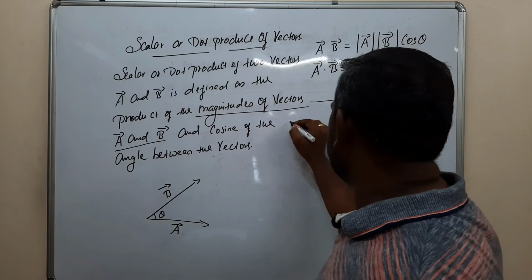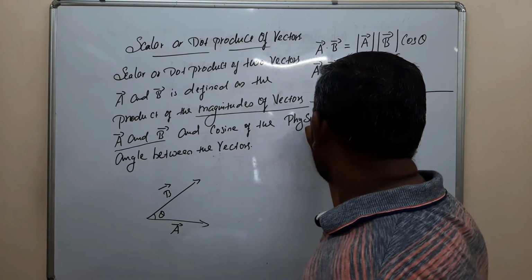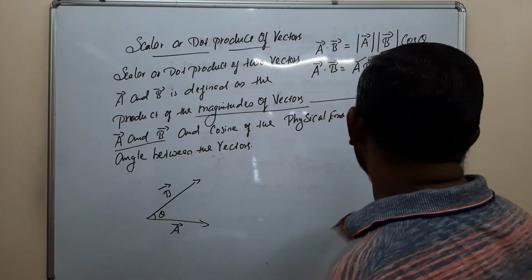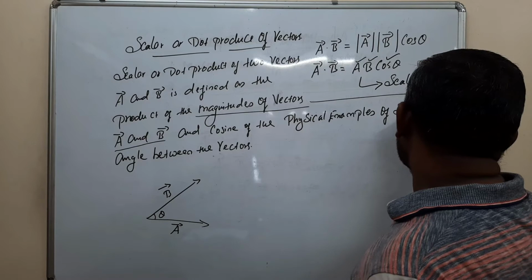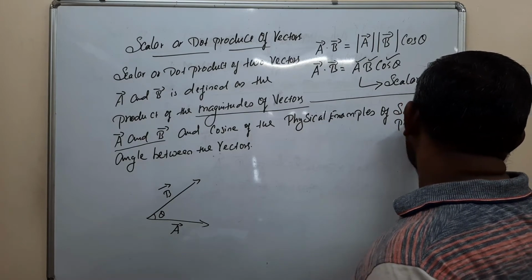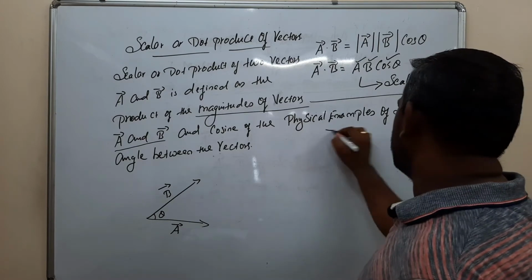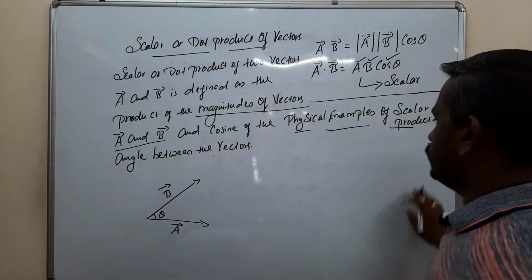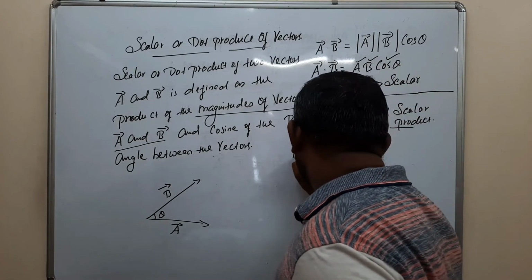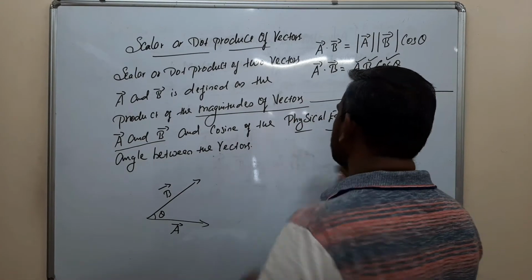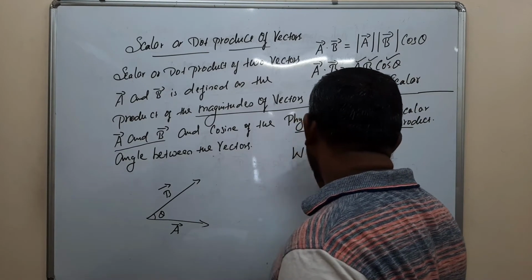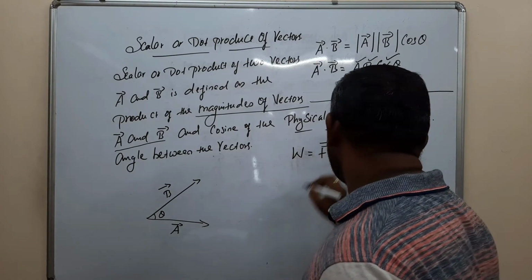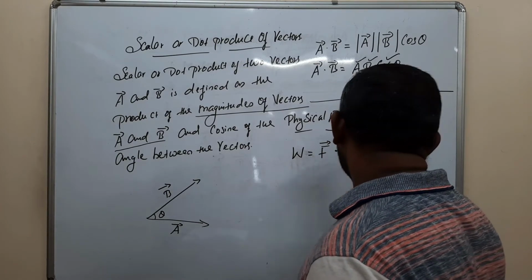Then physical examples of scalar product. In physics, the scalar product plays a vital role. For example, work done. Work done W is equal to force F vector dot displacement vector.